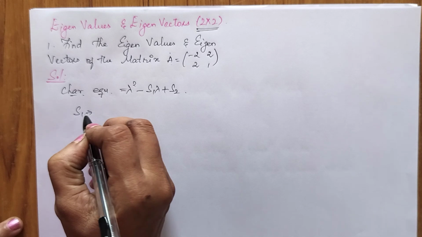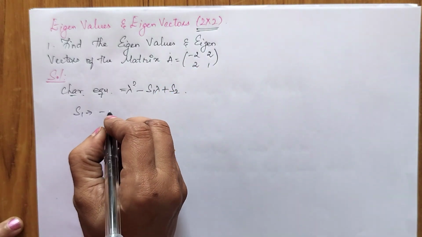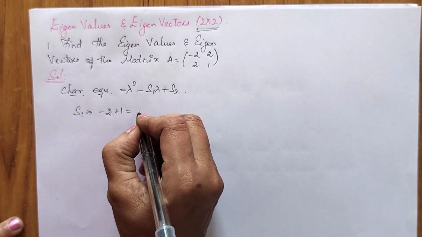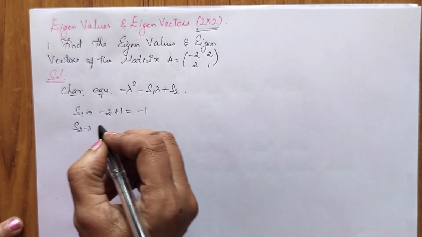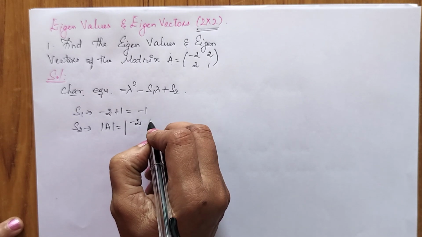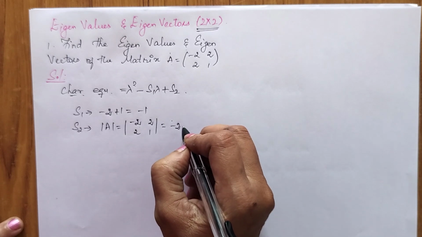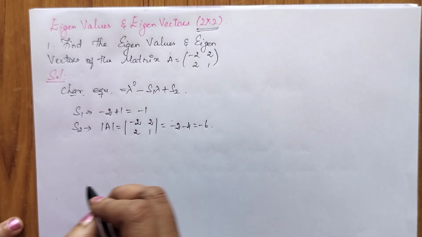Here S1 means the sum of the leading diagonal values: minus 2 plus 1, that is minus 1. S2 means determinant of A, that is the determinant of minus 2, 2, 2, 1. So the determinant value is minus 2 minus 4, that is minus 6.